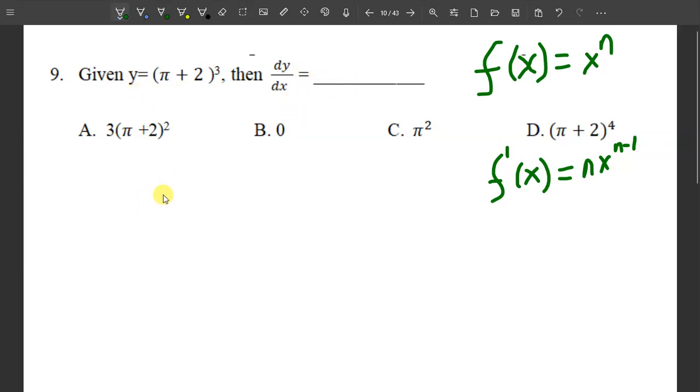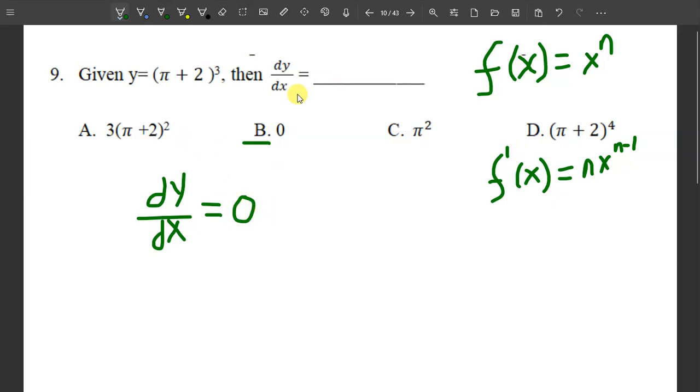There is no x in this equation, and therefore dy by dx is immediately 0, because y is independent of x. There is no x in our expression. Therefore, the simplest answer is equal to 0.